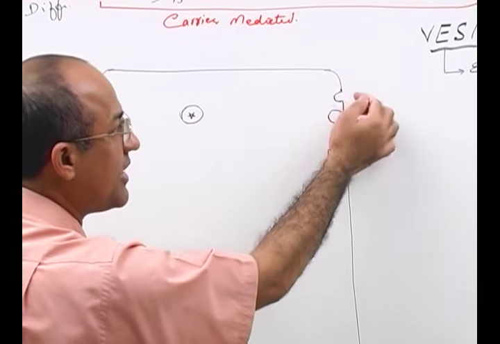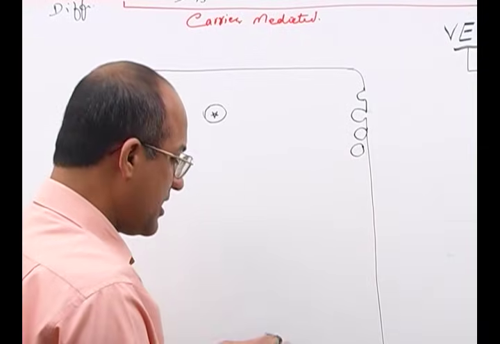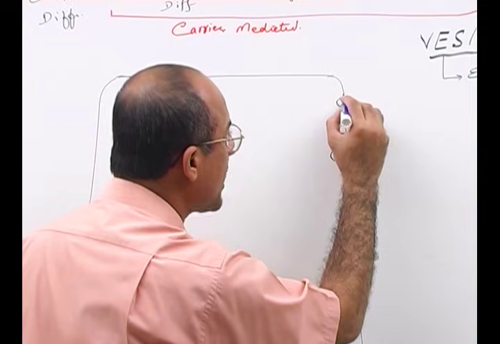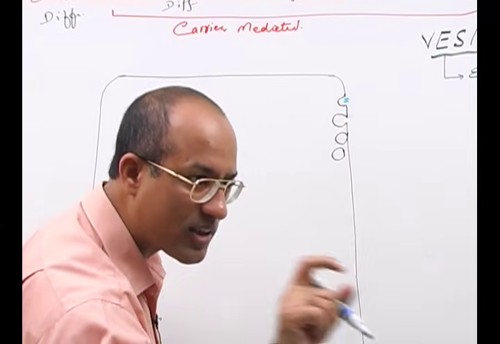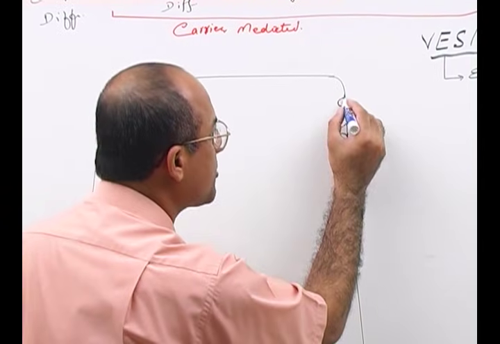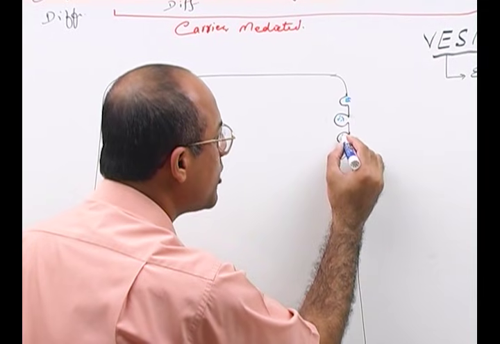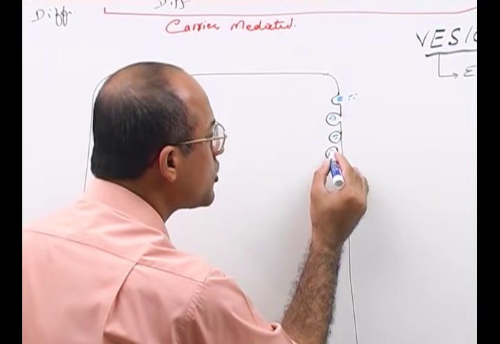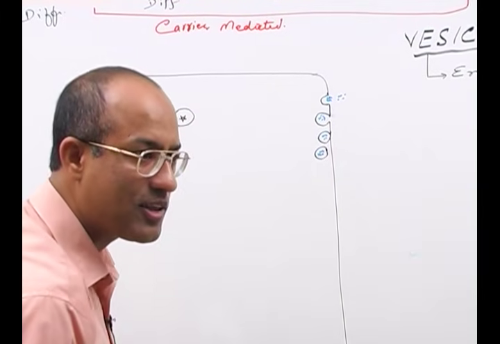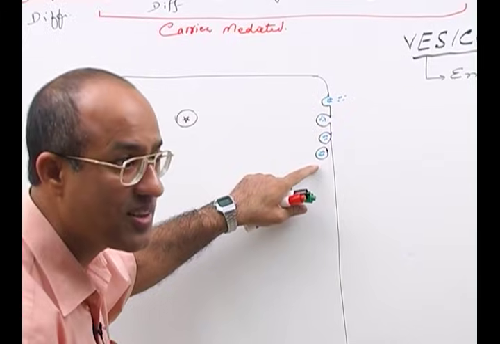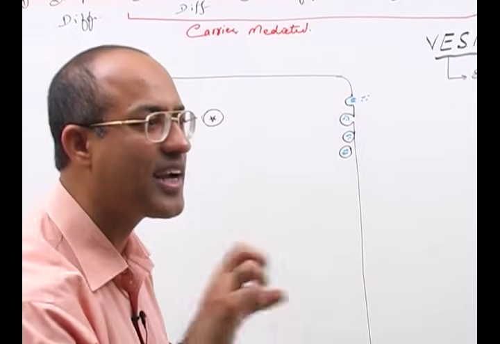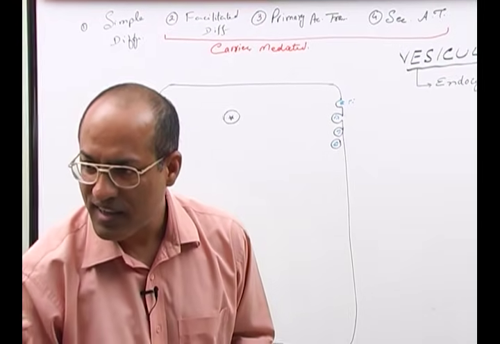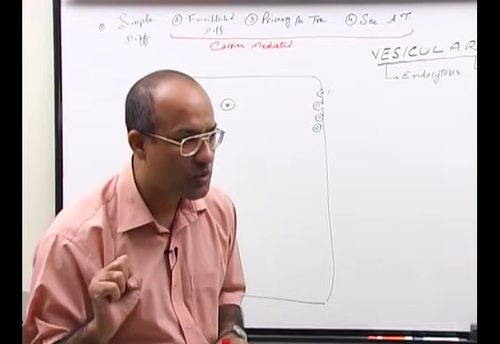In this small indentation or depression, just a little amount of extracellular water is captured with some soluble substances. So what is here? Only a little extracellular water with some soluble substances. There is no special particle captured. We say the cell is drinking extracellular water. So what happens?